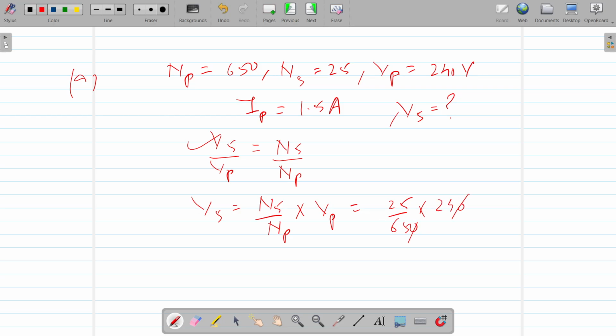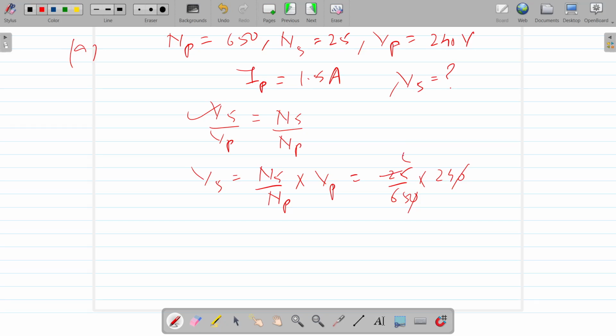This gets cancelled, 5 5 that is 25. This is 13. Now 5 into 24, 120 by 13, which gives me 9.23. So here it was 9.23 volt.